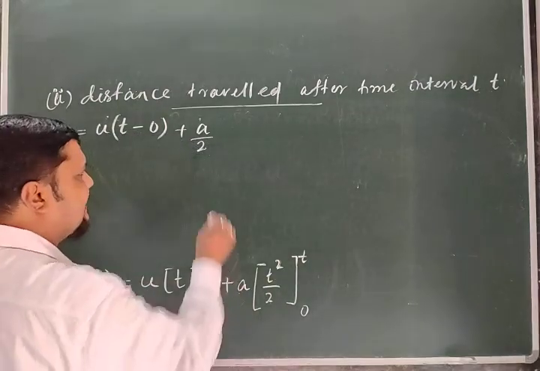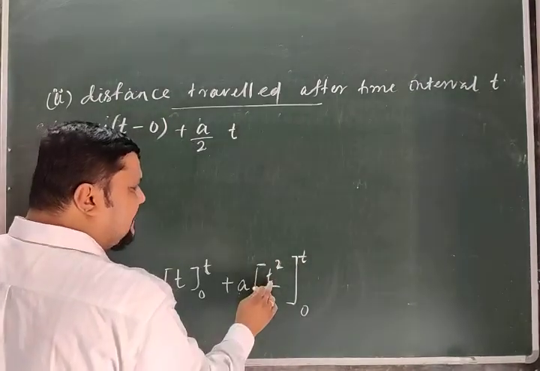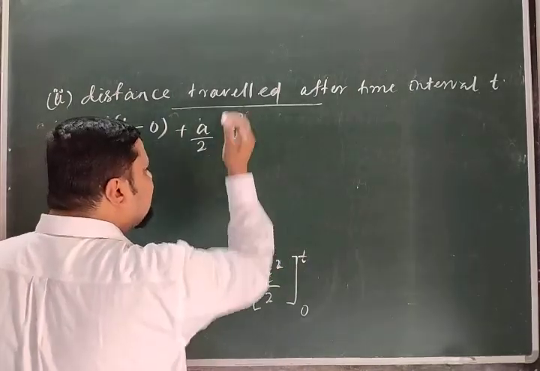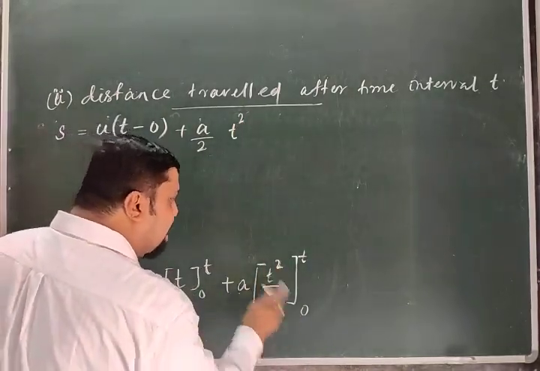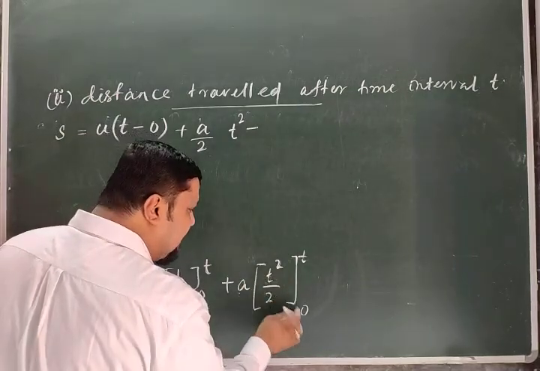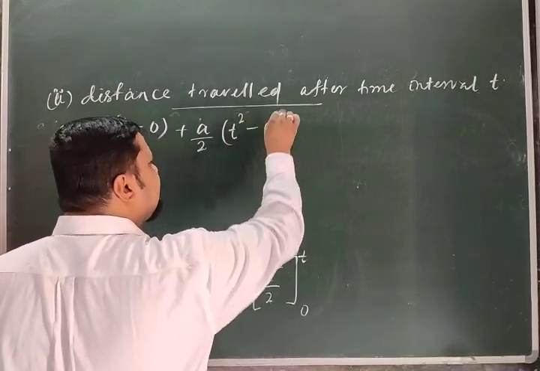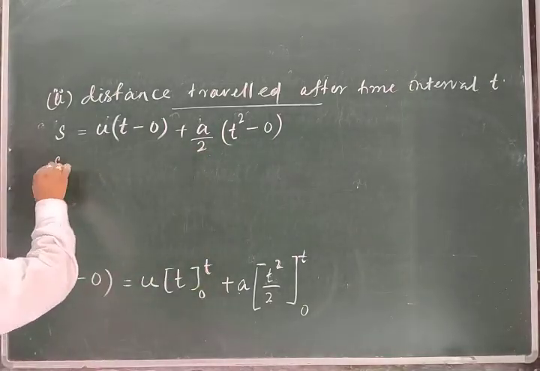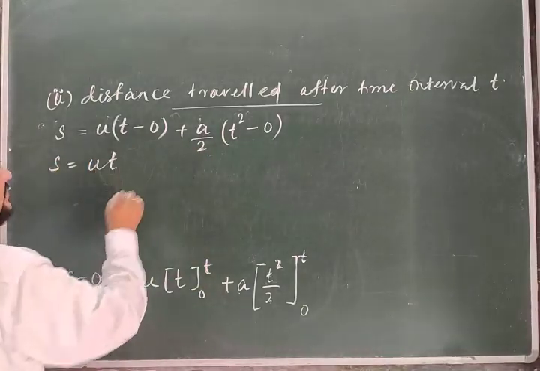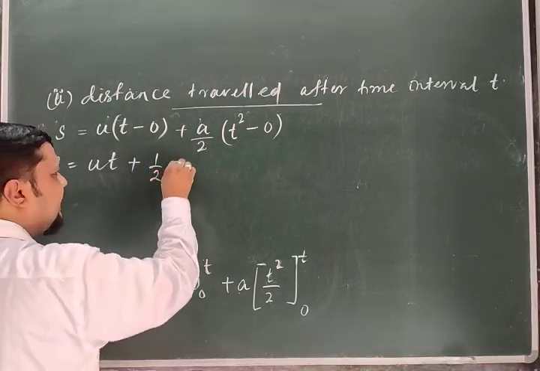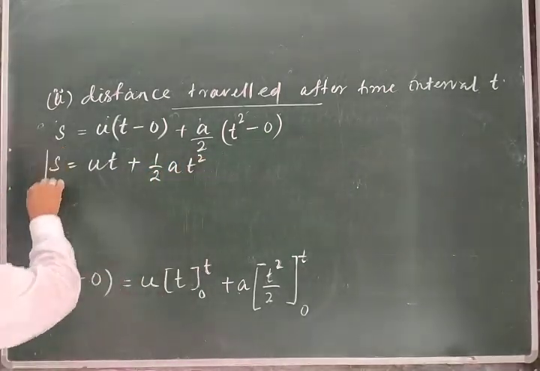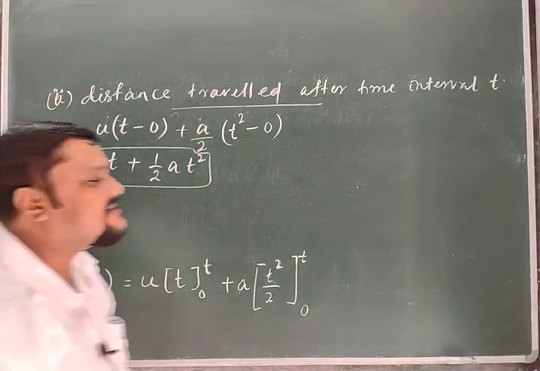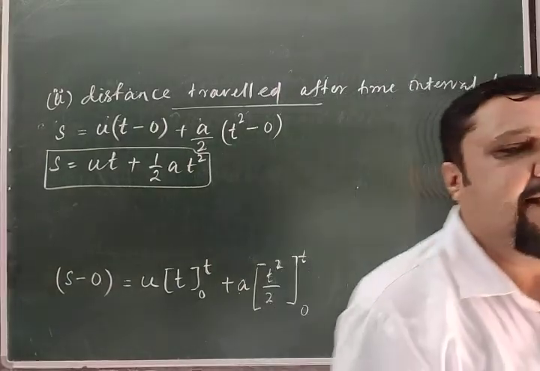In place of t square first put the upper limit, in place of t put t, that is t square, minus in place of t put 0, that is equal to 0. Already 2 is there. Then s is equal to u t minus 0 plus half a t square. So this is the second equation of kinematics, the distance traveled after the time interval t.